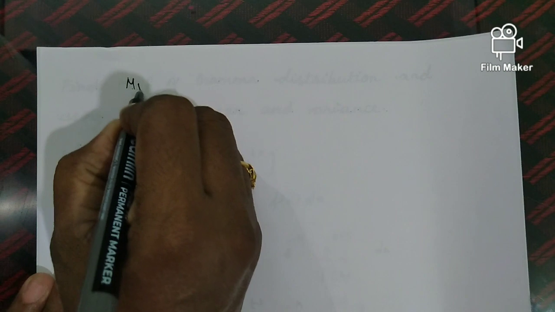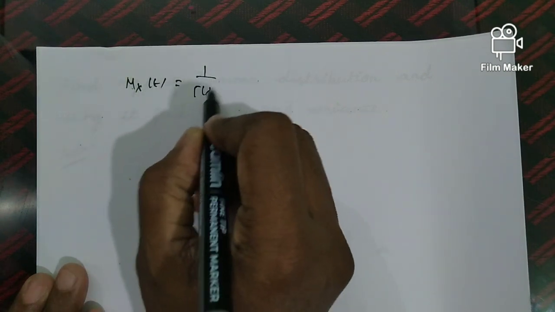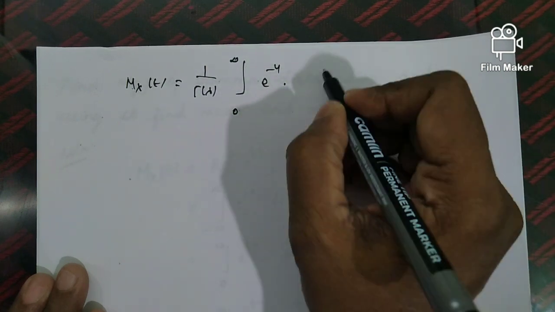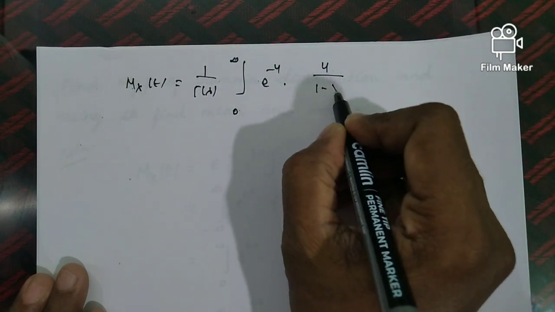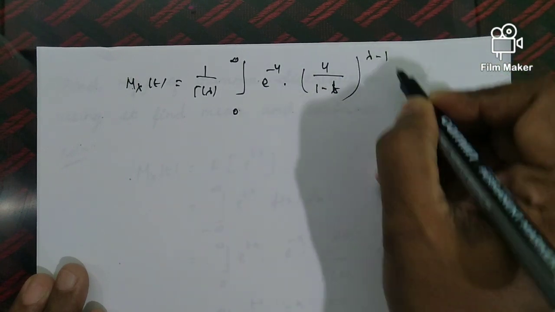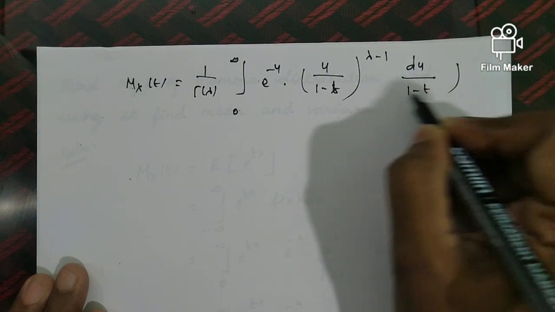Therefore Mx of t equals, now we can write the substitution, 1 by gamma of lambda into integral 0 to infinity e power minus u, u by 1 minus t, power lambda minus 1, dx. dx is nothing but du by 1 minus t.